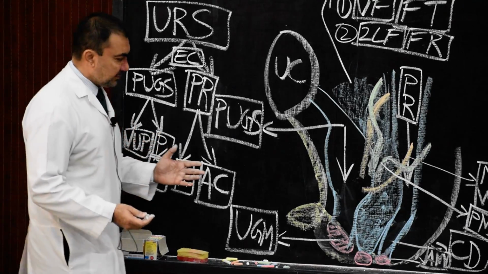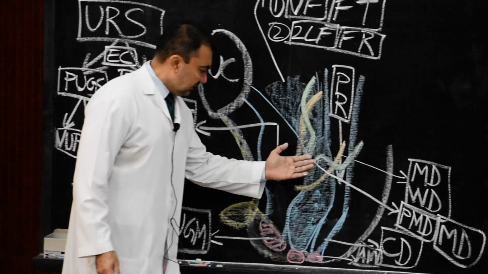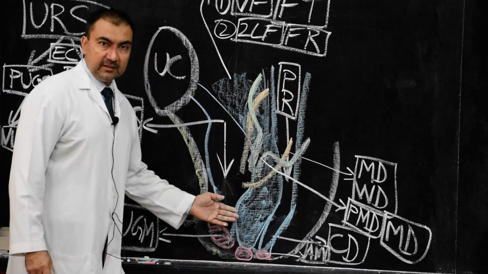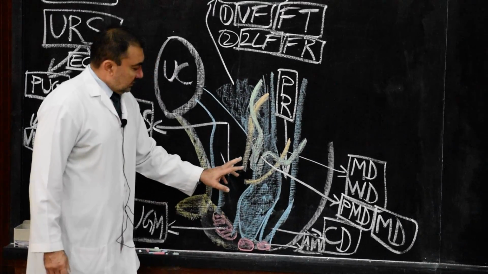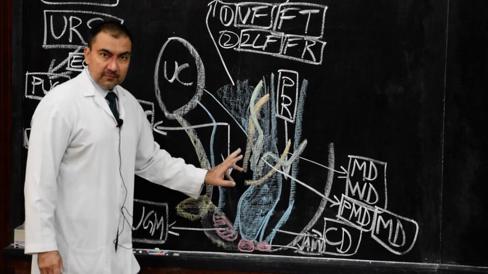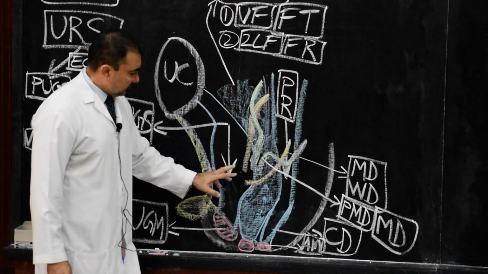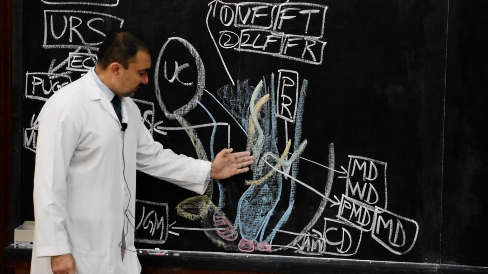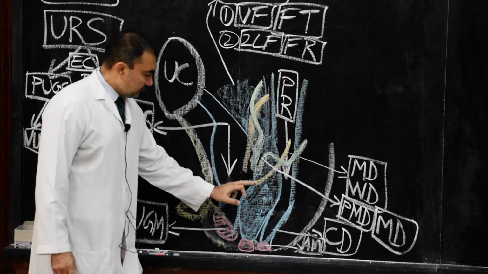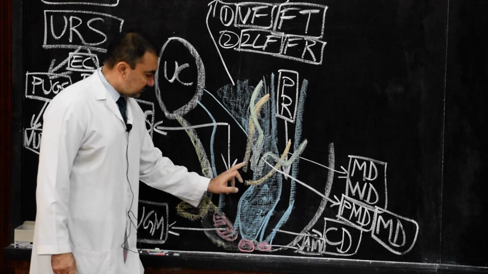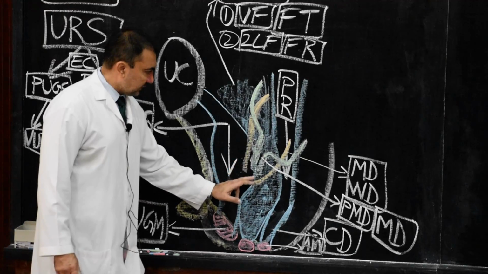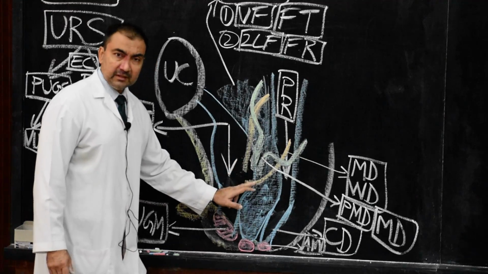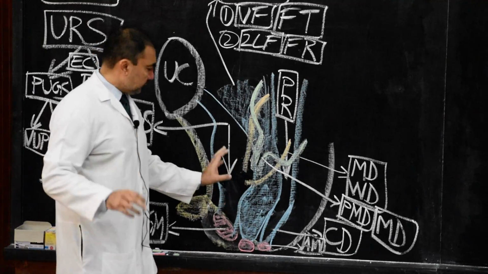Now I am going to explain on this side. Please come on this side. This is very important, this segment. We will focus here, coming back to the Wolffian ducts and Mullerian ducts. Now the caudal end of the two mesonephric ducts, these are the two mesonephric ducts, Wolffian ducts, will open into the dorsal part of urogenital sinus.